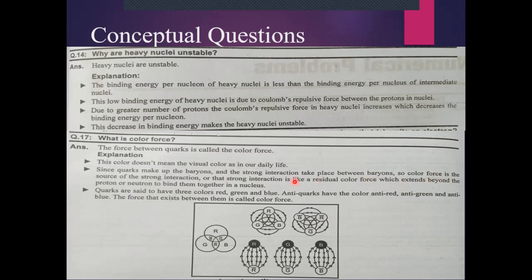So the color force is the source of strong interaction, or the strong interaction is like the residual color force, which extends beyond the proton or neutron to bind them together in the nucleus. Quarks are said to have three colors, that is red, green, and blue, and antiquarks have the colors anti-red, anti-green, and anti-blue. The force that exists between them is called the color force.